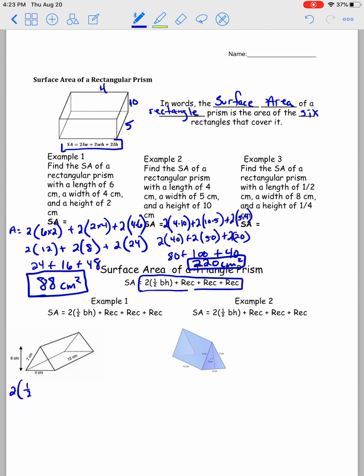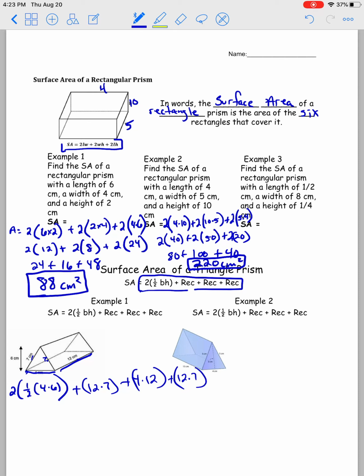So you're going to have 2 times 1/2 times 4 times 6 plus one rectangle is going to be 12 by 7 because this is 7, this one is 7. So that's 12 times 7 plus 4 times 12. And then the other one is going to be 12 times 7.